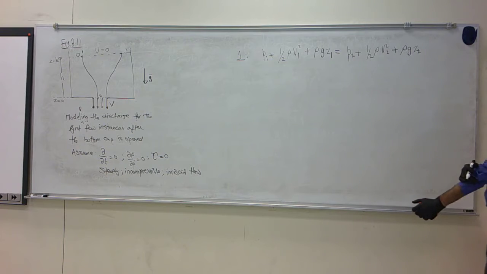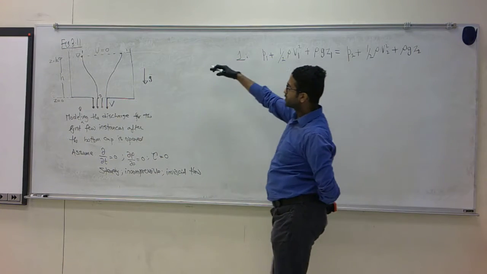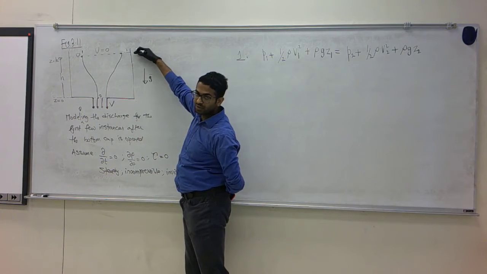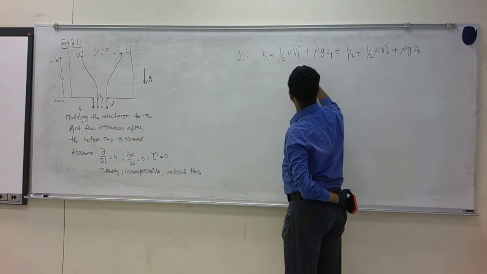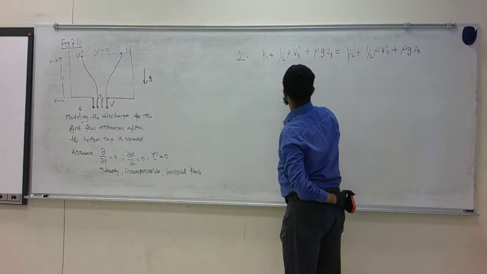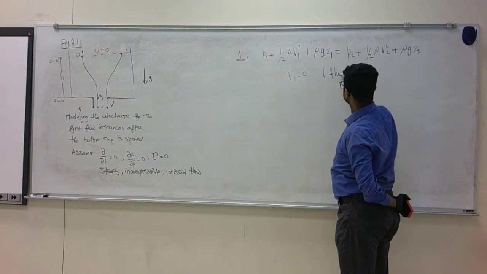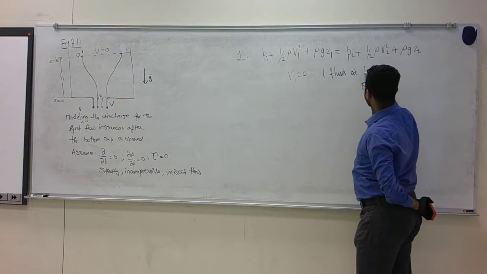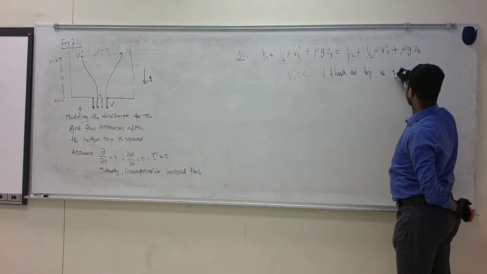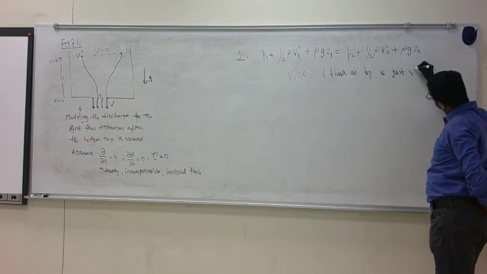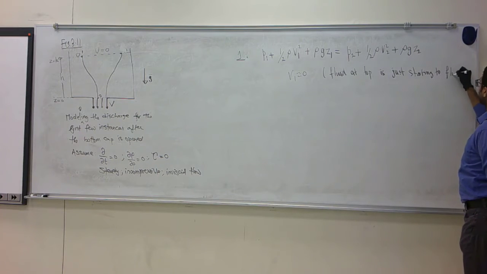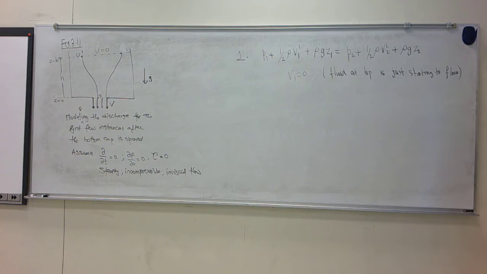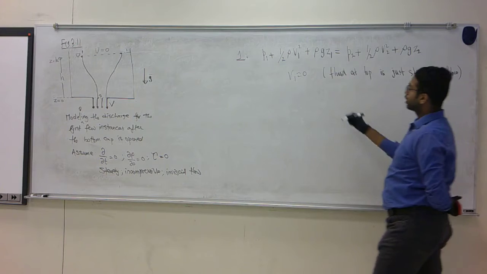I do know that at the top surface the fluid is almost at rest. It's just starting to flow. So V1 is 0. I want to solve for V2.